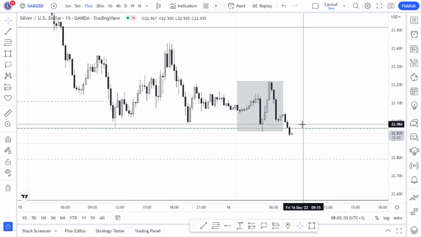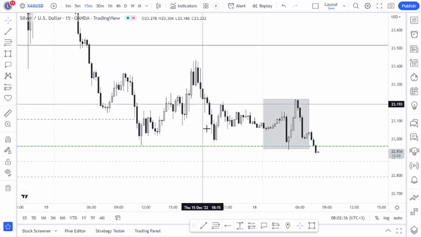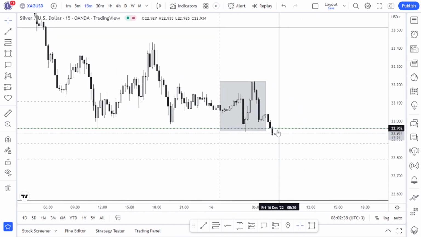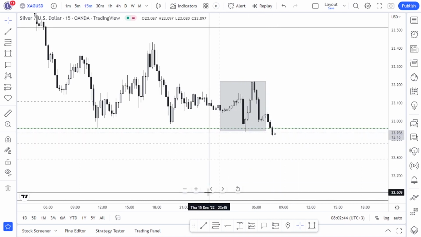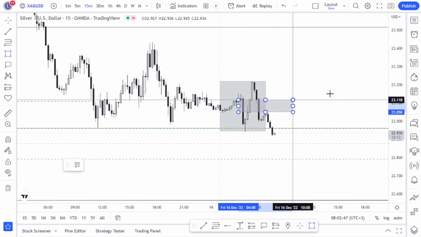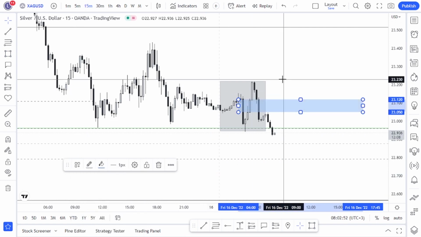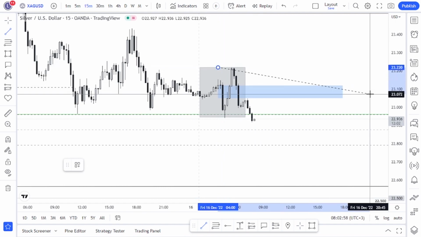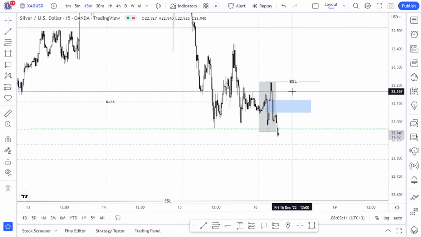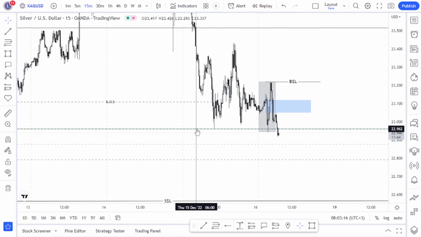Since we've already seen on the higher time frames, our bias is bearish. Since price has traded below this Asian range, we expect one of two things. One, it retraces back to the midpoint of the price action of the Asian range, or it trades above here, takes out these orders before getting adequate orders to push price lower, because you can see these are equal lows, and it also coincides with this green line, which is the previous day's low.